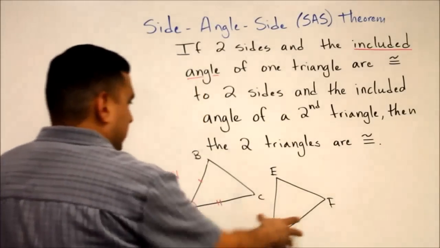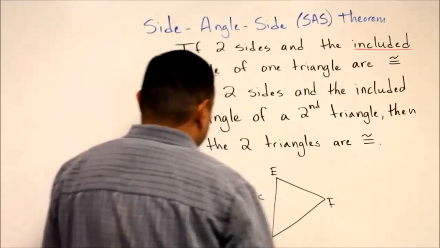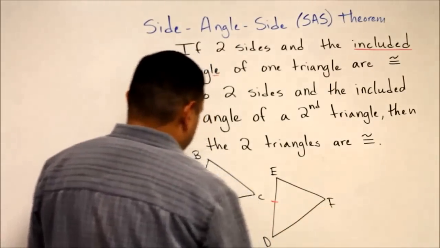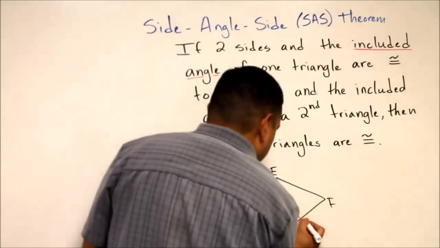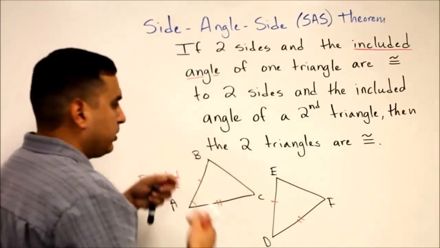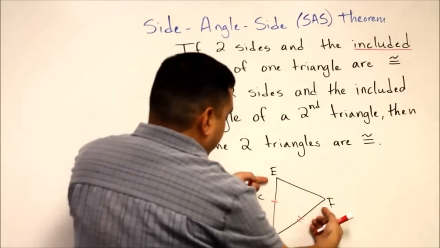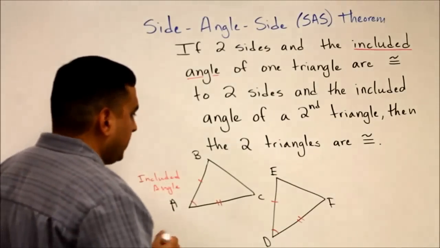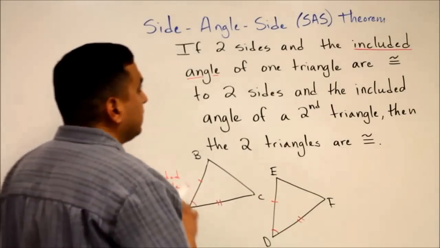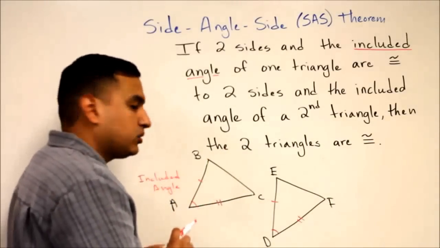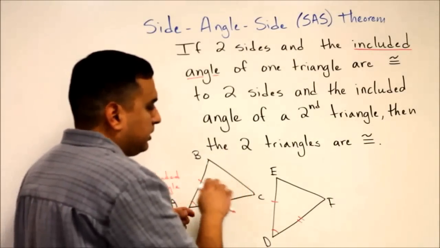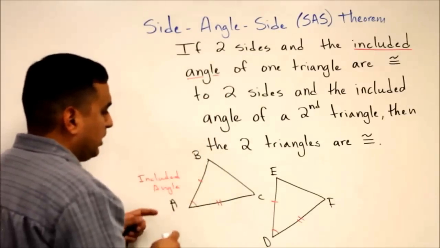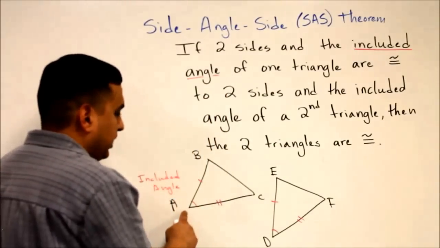If I look at the other triangle DEF, and say DE is congruent to AB and AC is congruent to DF, that other included angle has to connect E and F, and it does at D. So I don't have to show that all three corresponding angle pairs and all three corresponding side pairs are equal. I can take a shortcut, and this theorem says I only need two pairs of sides and one angle.